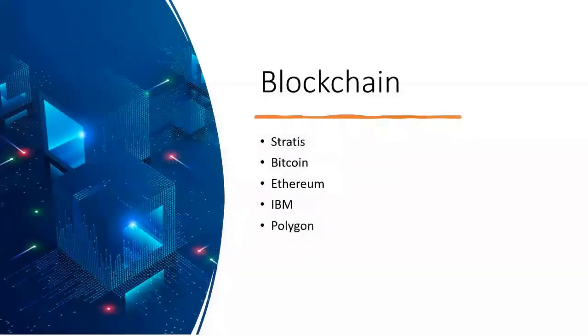There are several blockchain providers such as Stratis, Bitcoin, Ethereum, IBM, and Polygon, and several others. Among them, we will go for the one that provides the platform for the C# and .NET skill sets.